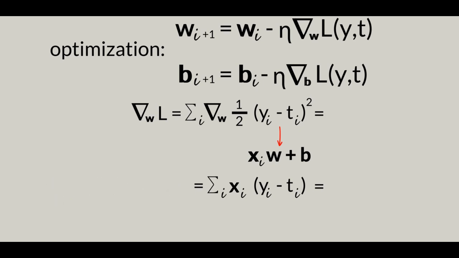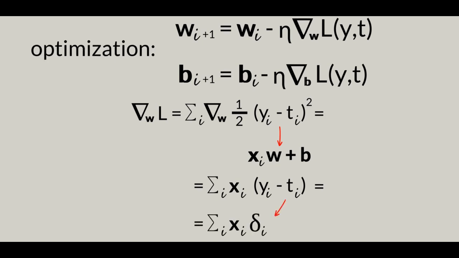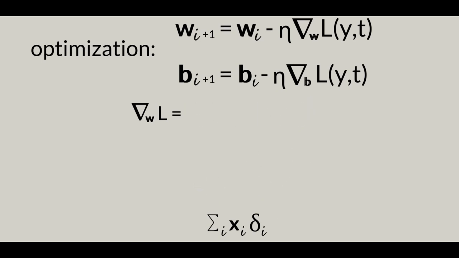It is useful to combine yi minus ti into a new variable called delta. Delta is often used to measure differences. This notion will come in handy when we start coding in Python and when we start dealing with deeper neural networks. The final output becomes the sum of xi times delta i with respect to i.